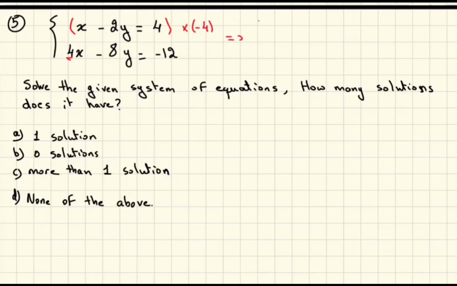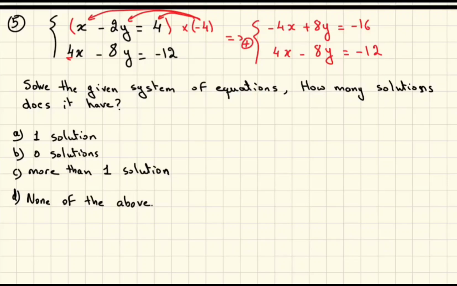I will get minus 4x, then minus 2 multiplied by -4, so I multiply the whole equation because we're not allowed to multiply only x. So this becomes plus 8y equals -16, and the one down stays exactly the same, equals -12.